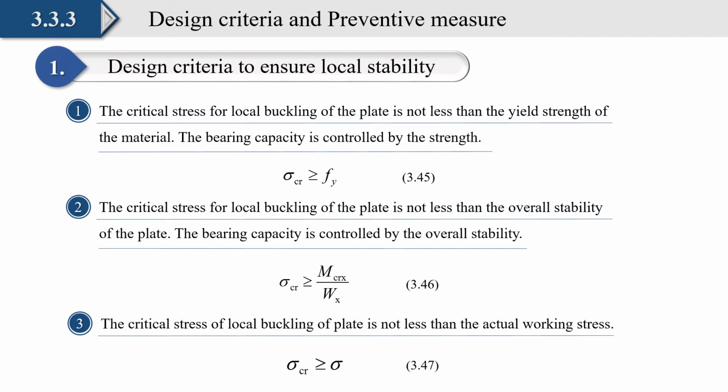Now, the design criteria to ensure local stability. First, the critical stress for local buckling of the plate is not less than the yield strength of the material, and the bearing capacity is controlled by the strength as in formula 3.45.